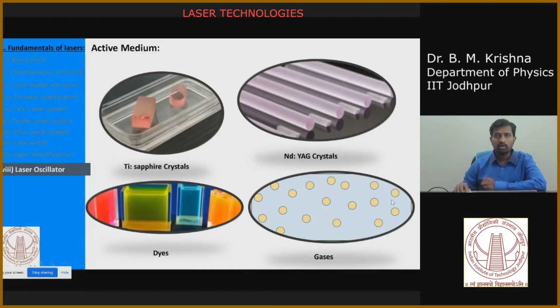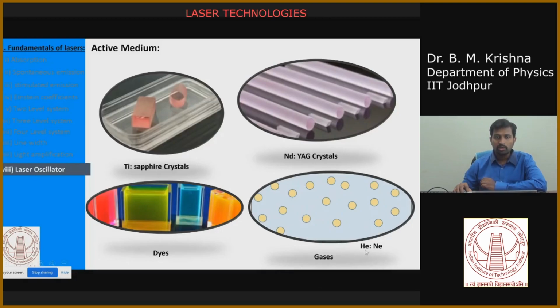You can have the active medium as gases to make a laser system. You divide matter into solids, liquids and gases, and all these materials can be used as an active medium, provided they have proper energy levels for lasing action.